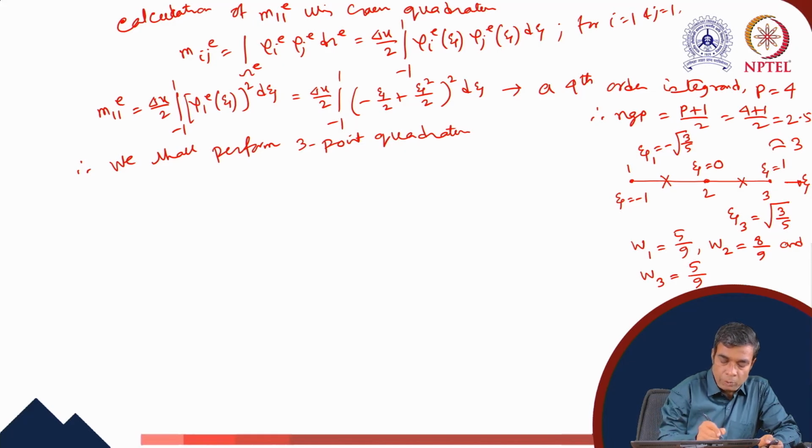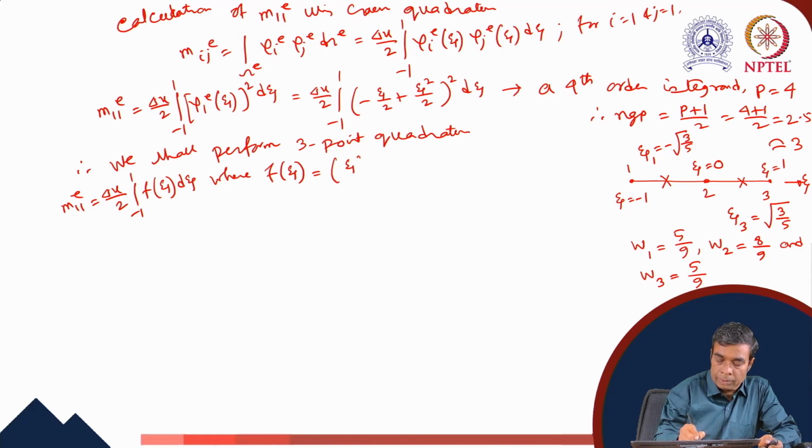So here we have M11E equals delta x by 2 integration minus 1 to 1 f xi d xi. Here f xi equals xi square by 2 minus xi by 2, whole square.